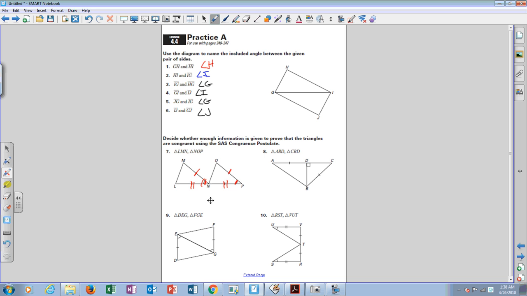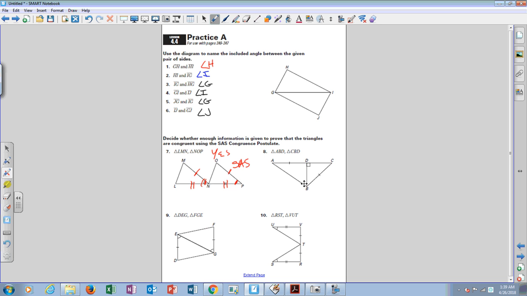Right? It's saying triangle LMN and triangle NOP, so that's side, angle, side. So your answer would be yes.